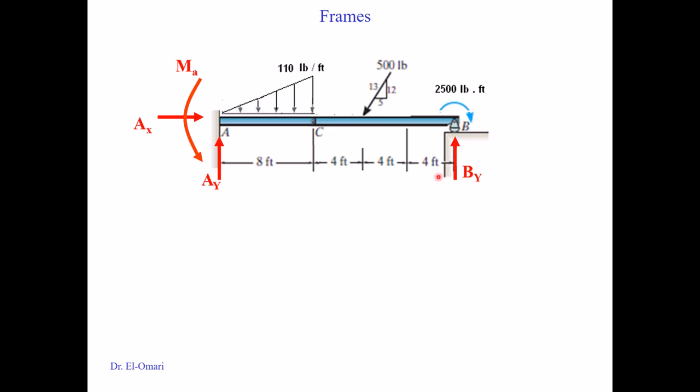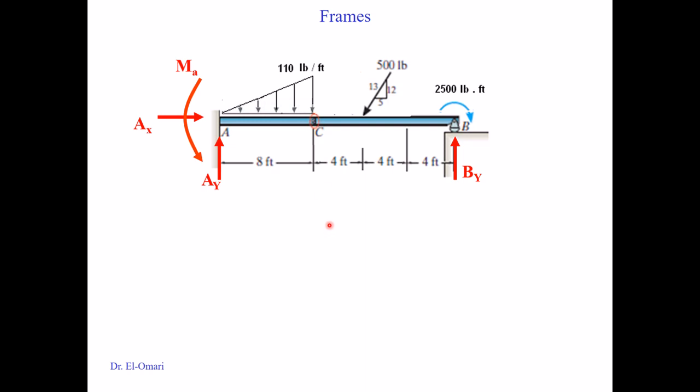Now, this beam has four unknowns. You want to be able to find them by applying equations of equilibrium. Maybe the maximum you can get is the x component of the A support by applying the sum of the forces in the x direction. So, what should we do?